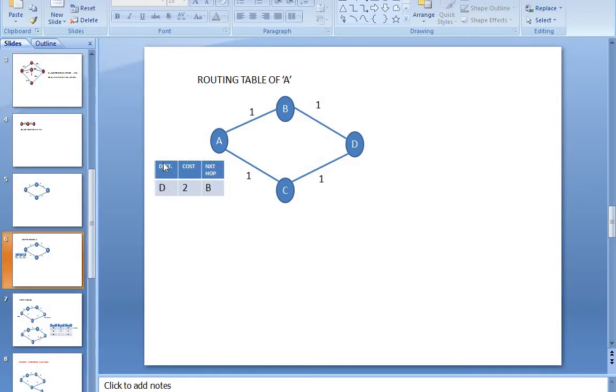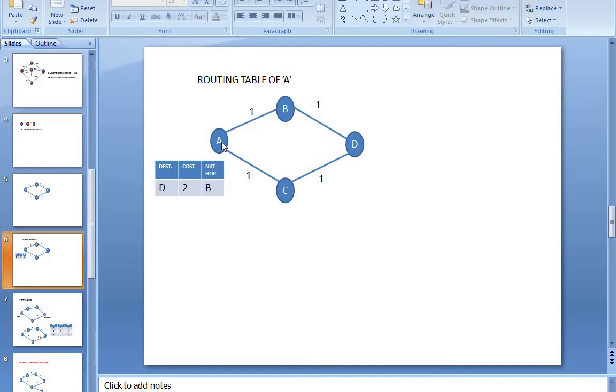This way, each router must maintain a routing table which consists of a minimum of these three pieces of information: destination, cost, and next hop. Two pieces of information are received during updating, that is the destination network and the cost. Here the next hop is the source. What does it mean?